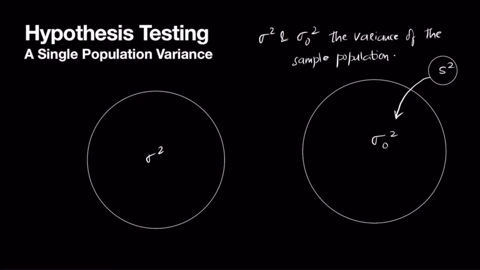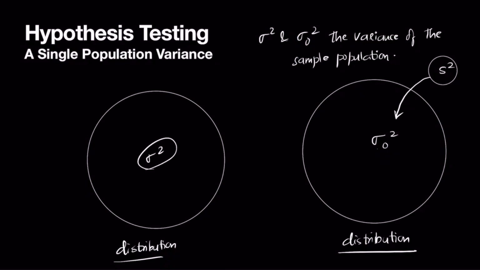One way of thinking about this is that this is one distribution and this is another distribution. So we have two different distributions of different populations with the measures sigma square and sigma naught square. What we are saying is, are the variances the same, so that the populations are also the same?